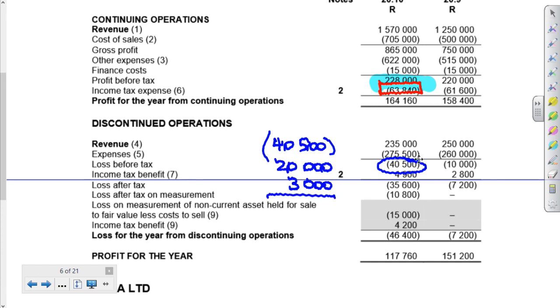I'm reversing the deductions, the losses. So it makes my loss smaller. It makes my loss 2,300. Now, if I take that and I times by 28%, I should get that number, 2,300. Somebody do that for me.